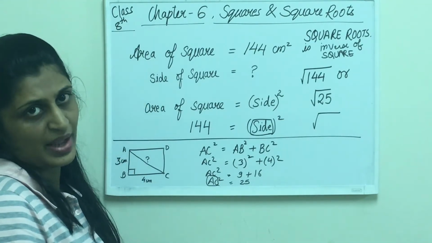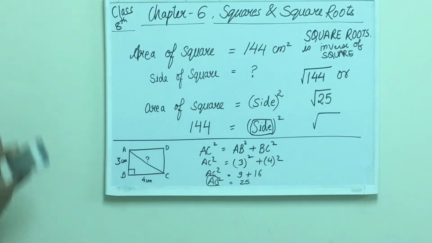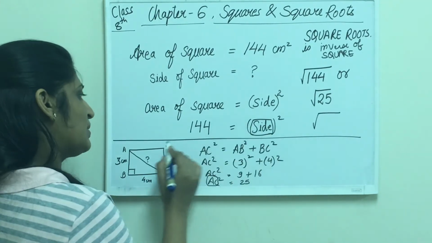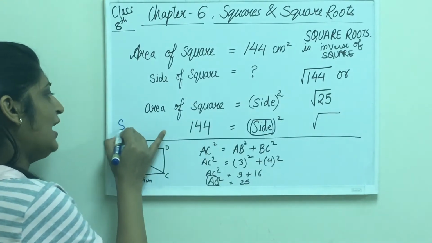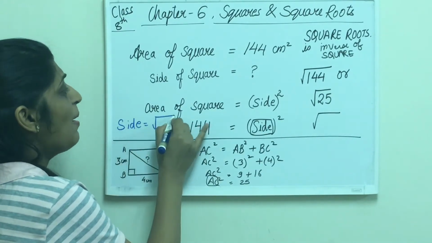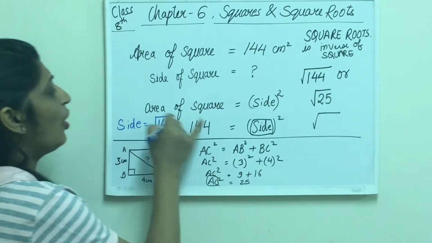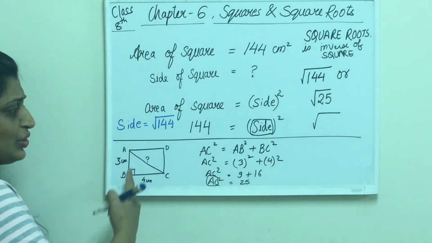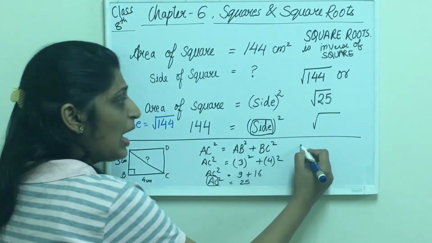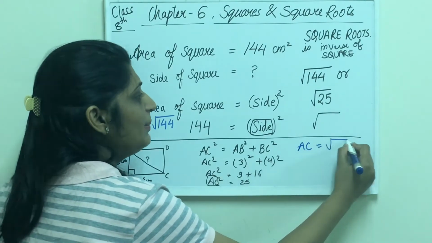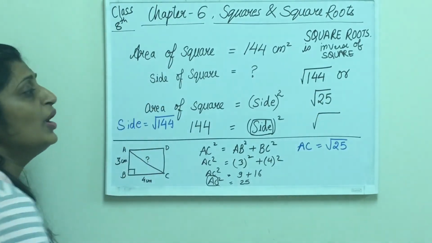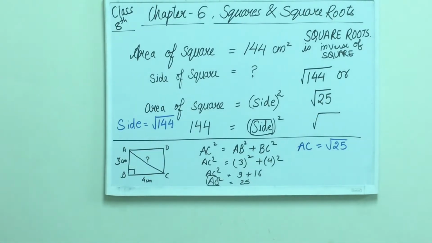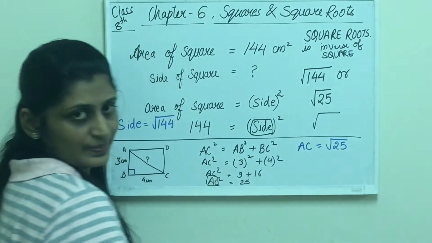So in both cases, whether the area of the square is 144, which equals side square, what do I need to find? I find it by taking the square root of 144. Here, I need to find the length of diagonal AC. I can find it by taking the square root of 25. So this is square root.